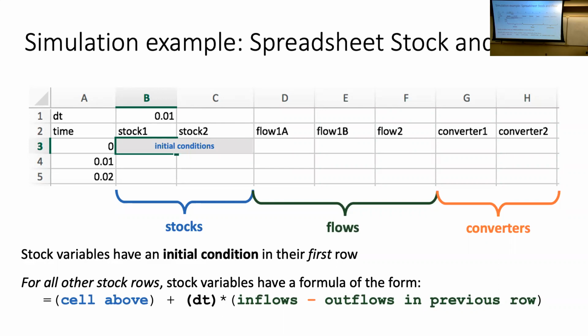There's a single flow, which is the inflow, which is basically the target water level minus the current water level. So in this case, I could say B3. And of course, since it's Excel, you put an equals in front of that.